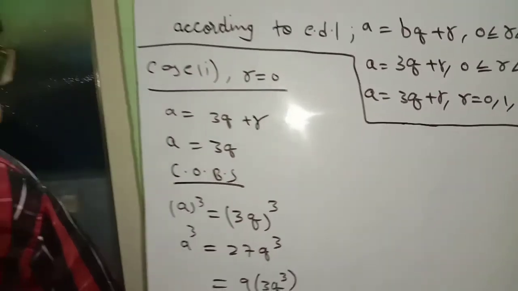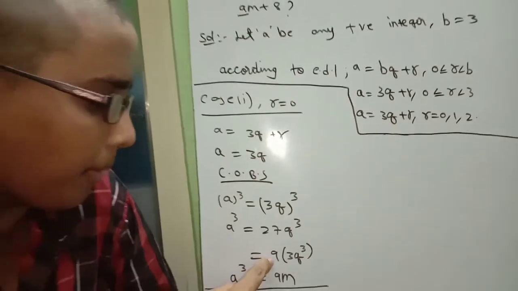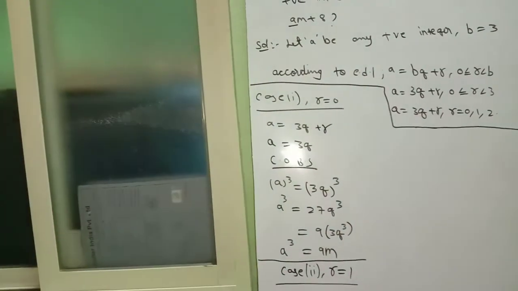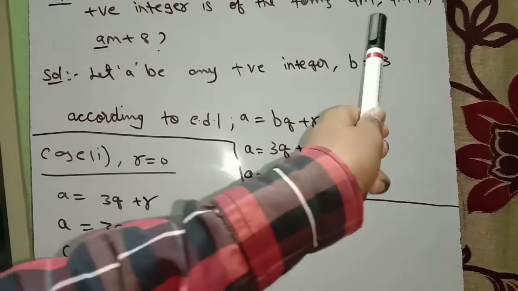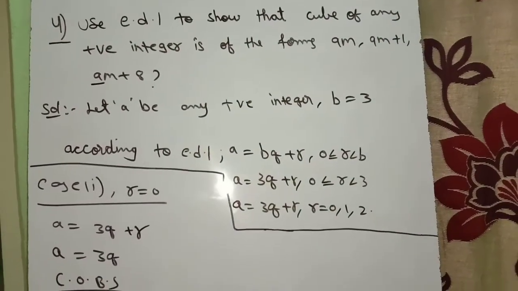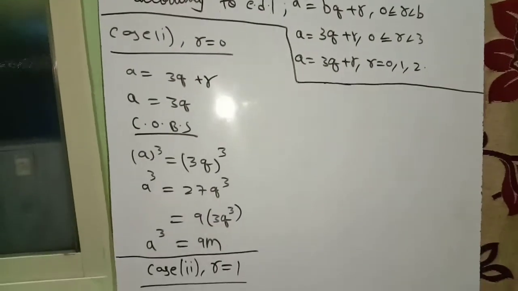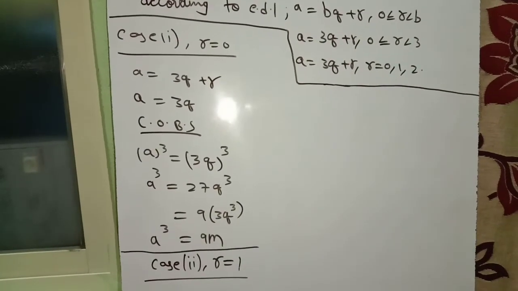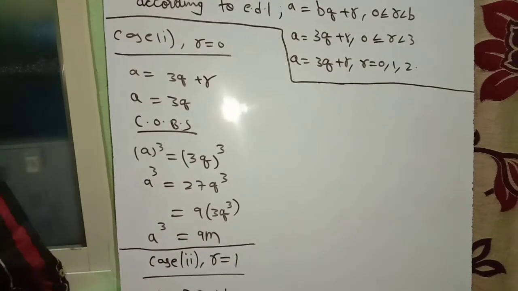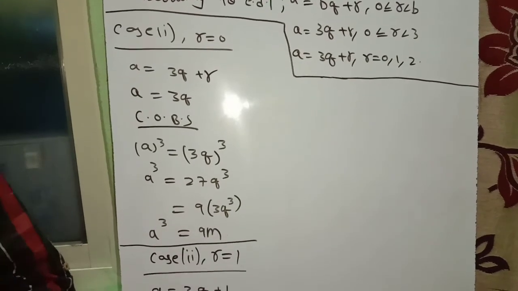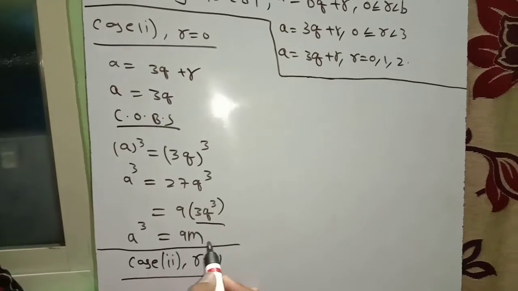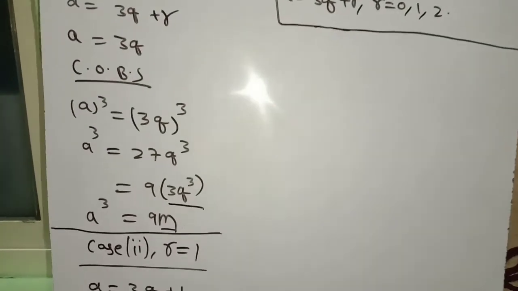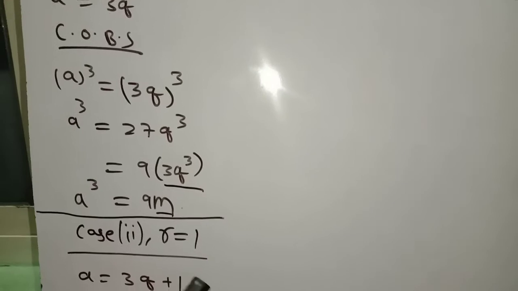Now we have to take 9 as common, but not 3, because although we have written b equal to 3, the form is given as 9m. So according to the form we have to take 9 as common in all 3 cases. So 9 of 3q cube, and now we take 3q cube as m, so it becomes 9m.